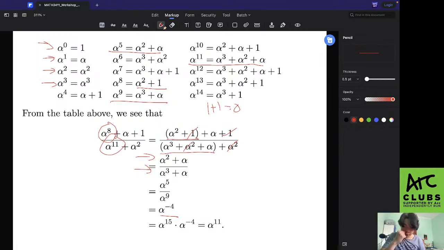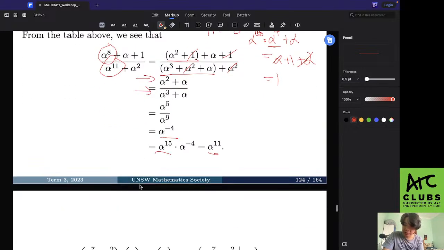And what we realize is, if we do this calculation again, we have alpha to the 14, which is alpha to the 4 plus alpha. We can use this substitution where this is just alpha plus 1. These two cancel out, and then we get a 1. Oh, sorry, 15. So we know that alpha to the 15 is 1, and when we multiply it, we get a positive power. And that's pretty much the question.